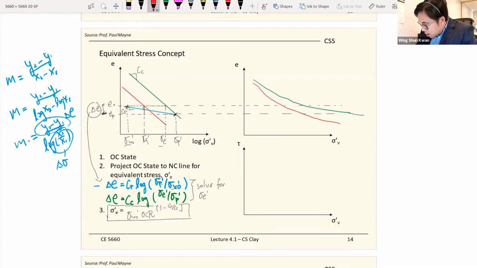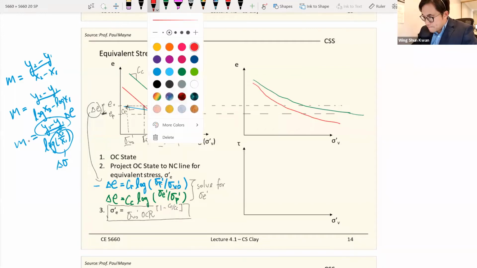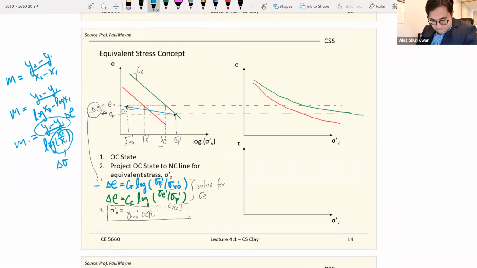When you do your homework in Excel, the line and the curve, everything hopefully will make sense to you. When you have a semi-log scale, you get a straight line. When you unlog it, you become a curve. So you get something like that, and you will get all these lines over here.